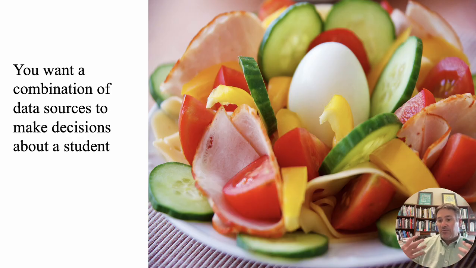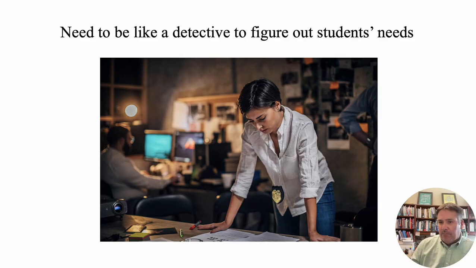I don't want a salad with just lettuce. I want a salad with French fries in it, for one. I'm still on that. And other vegetables too, I guess, if there's room. But I definitely want those fries. And I use all of this information across a range to make good decisions about a student. And that's what I mean about being a detective.